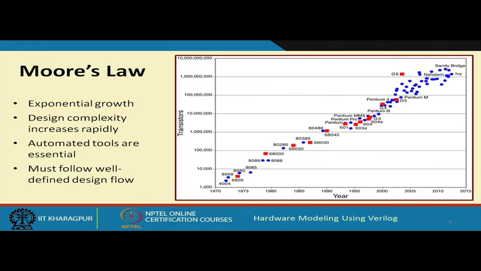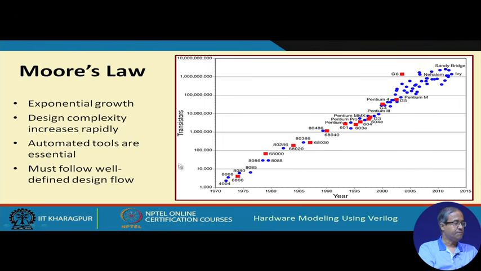So, if you look at this graph, on the x axis we are plotting year starting from 1970. Here it shows up to 2015, and on the y axis you see the number of transistors, which is in a log scale. See 1000 here, up to here it is 1 billion, here it is 10 billion.